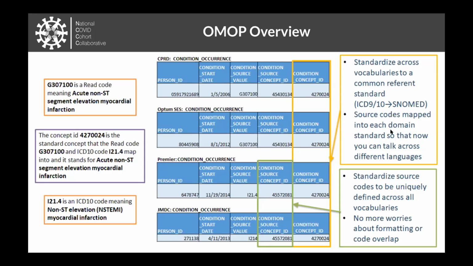This gets to that idea of us all starting to speak the same language when we talk about an acute STEMI. I don't have to look for those 3 different ways of representing a STEMI. I could see it here in that far right box with the condition concept ID. They're all mapping to that one concept. And that is in the condition domain, which is why they're all in the condition table.